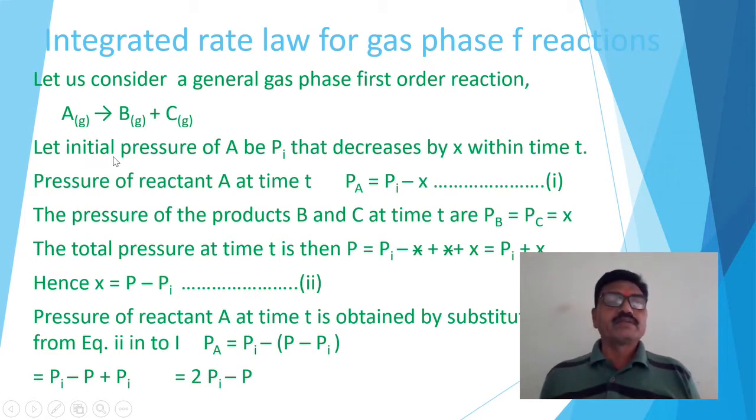The pressure of the reactant A at time t is Pa equal to Pi minus X, as Pi is the initial pressure and after some time t the pressure decreases by X. Let this be equation number 1.